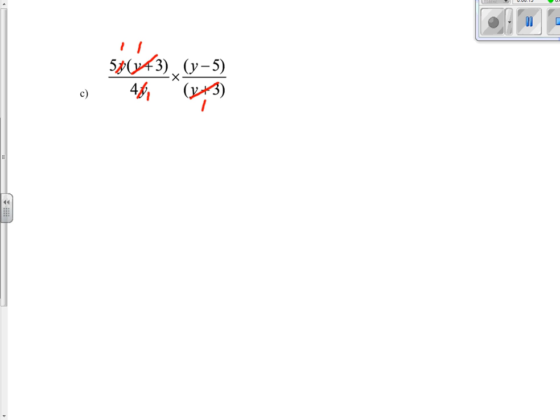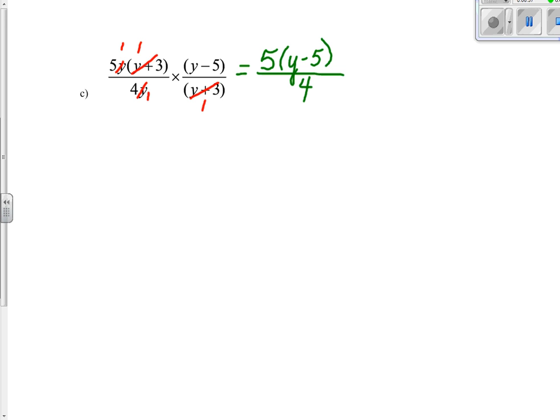So I am left with a 5 times 1 times 1 times y minus 5 in the numerator, and 4 times 1 times 1 in the denominator. So in simplified form, and I wouldn't distributive law that, I would leave it the way it is. I have 5 y minus 5 over 4, or 5/4 y minus 5.